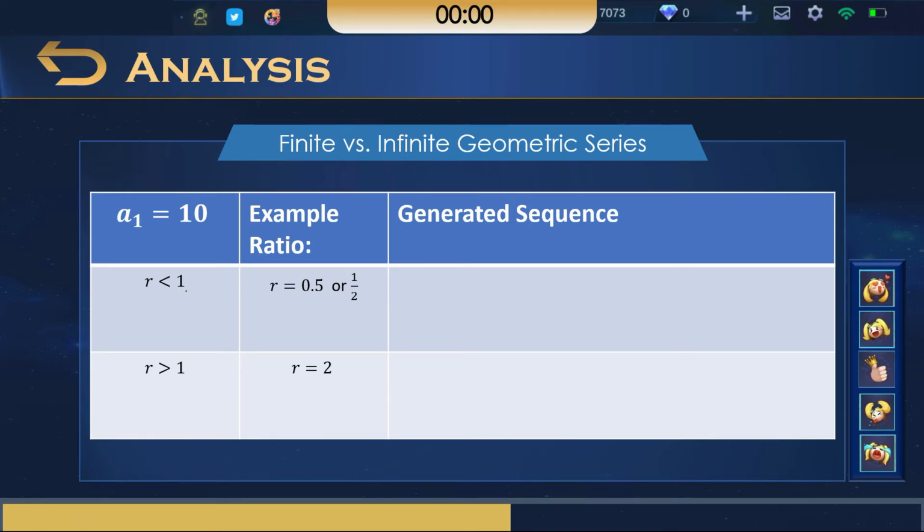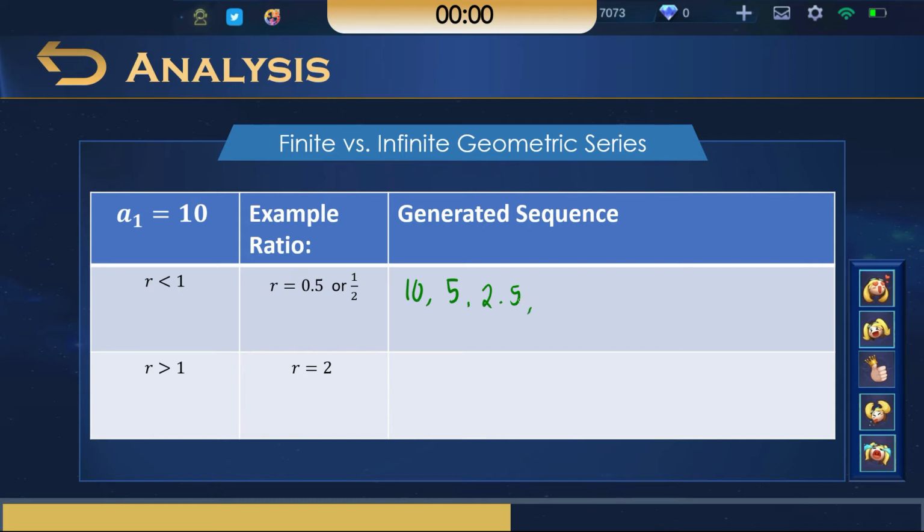We have here our first term, which is 10. To look for the other terms, we are going to multiply the common ratio to the given term. So we have 10 times 0.5, we have 5. Times 0.5, we have now 2.5.